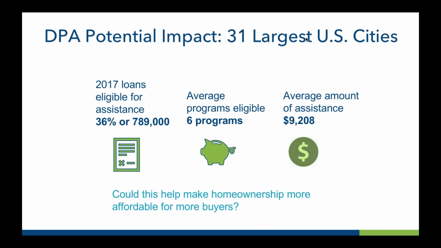Now, obviously, that number, 9,200, is going to vary by market. Not every DPA is the same. Some may offer 5 or 10 or $50,000 and everywhere in between, right?